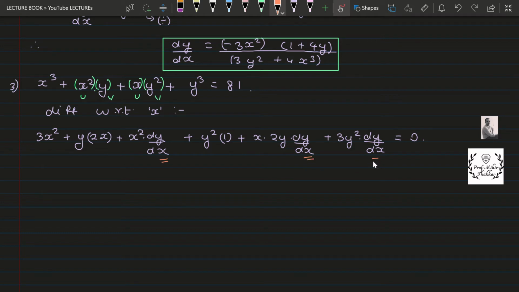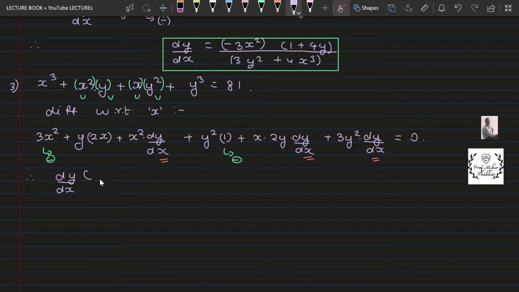Now what we have to do over here is I have to take dy by dx common from all these terms which are having dy by dx, and the terms which are independent of dy by dx will transfer to the opposite side with the change in their sign. Therefore, in the next step, I get over here dy by dx as a common term.